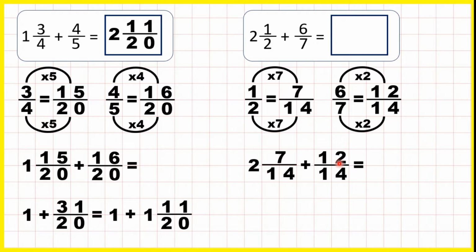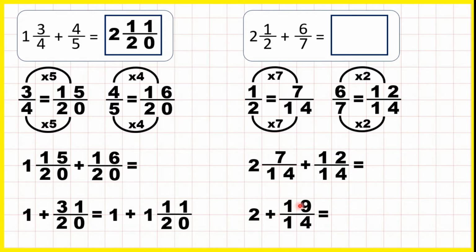over 14. So our only whole number that we're adding is just this 2, and then 7/14 plus 12/14 is 19/14, because the denominator stays the same, and 7 plus 12 is 19. But we have a problem. Again, we can't write 2 and 19/14 as our answer, because we can't have an improper fraction in a mixed number.